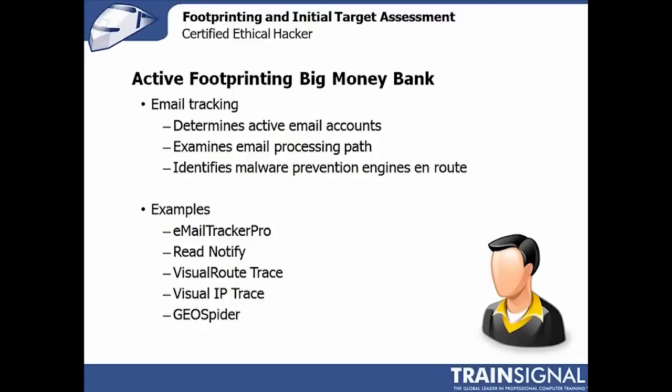It also shows me the difference between live accounts and non-live or inactive accounts. And it helps me see where the barriers are. What's scanning email? What's preventing email from getting through versus what kind of email is getting through? What kind of attachments are being opened and so forth.